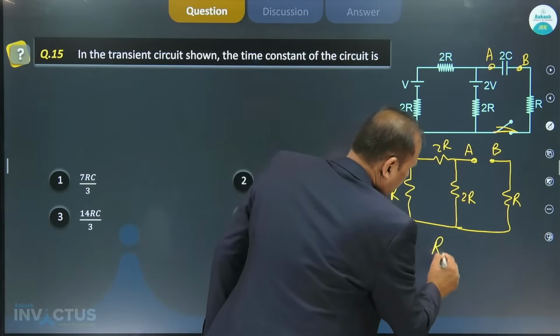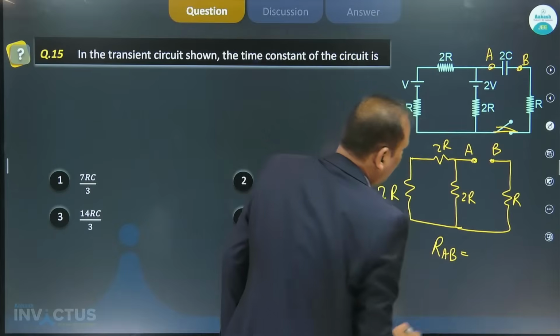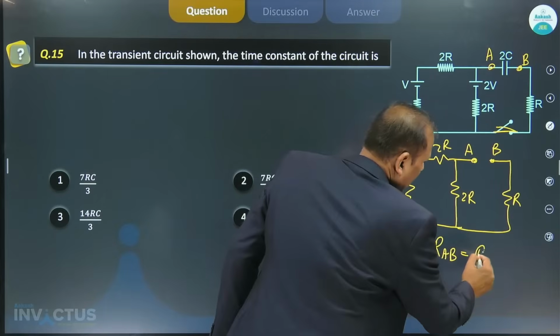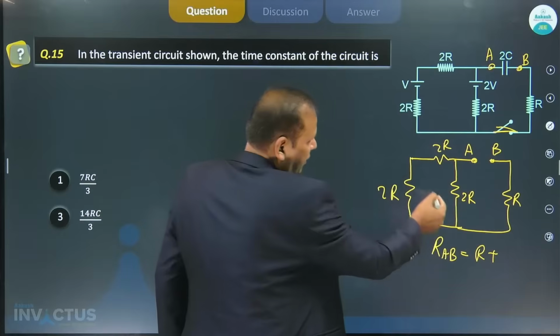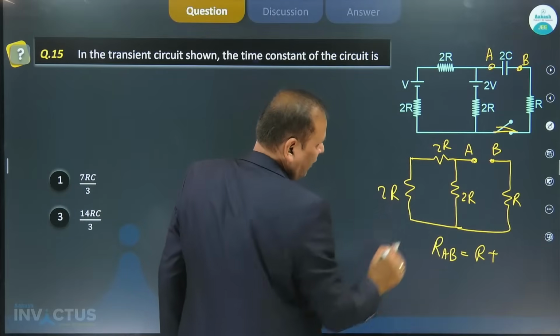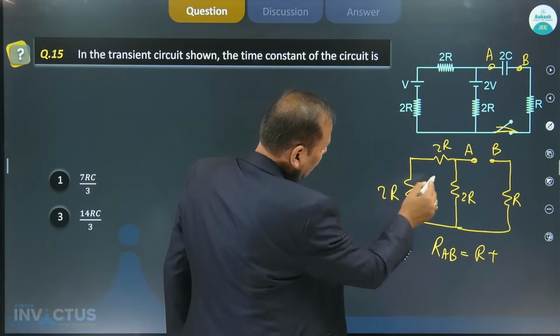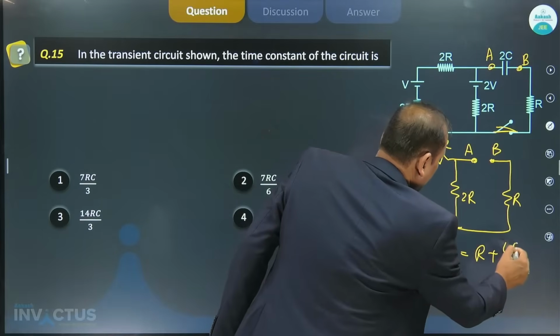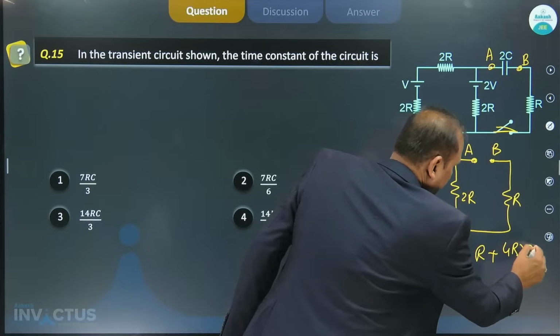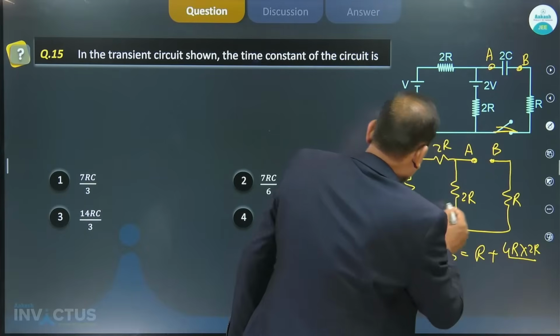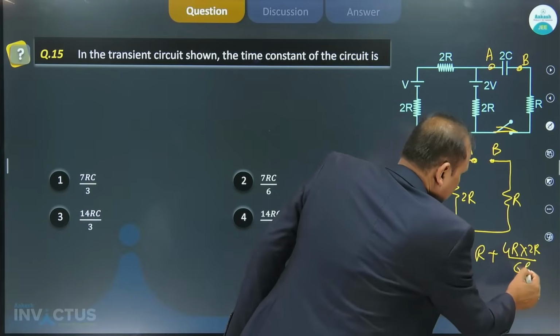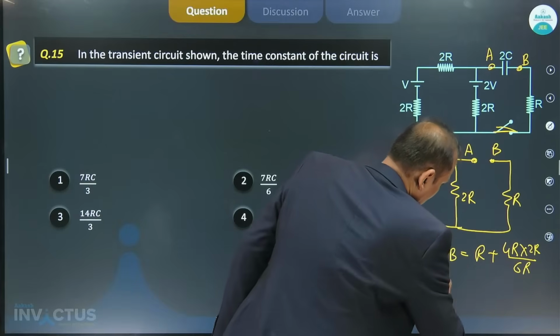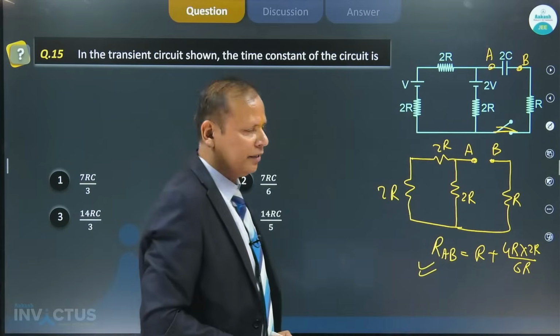So R between A and B is equal to R, this is in series, and this is in parallel. So it will be 4R multiplied by 2R by 6R. So RAB, we got it.